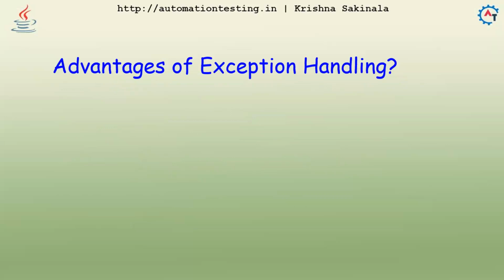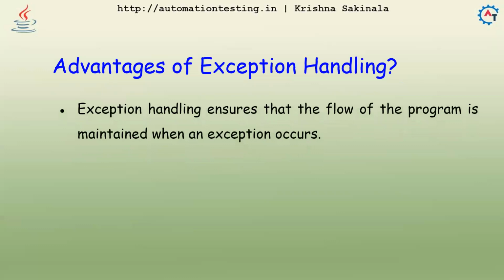So what is the advantage of going for exception handling? Exception handling ensures that the flow of the program is maintained when an exception occurs. Some exception happens, but with the help of exception handling, you can execute your program as smoothly as you want.